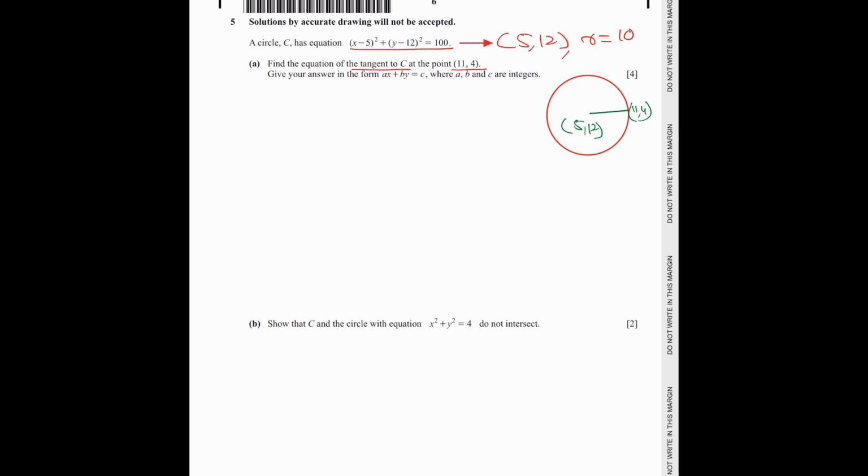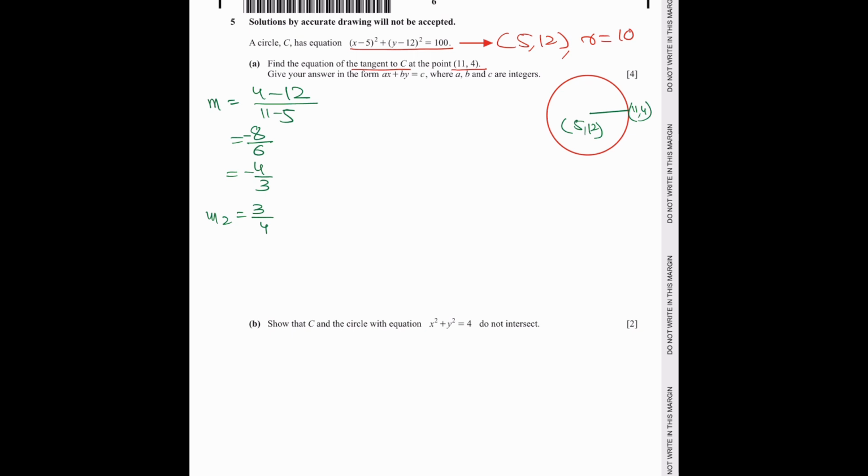So 11 4. Now you have to find out the gradient. So it is 4 minus 12 over 11 minus 5. So minus 8 over 6, minus 4 over 3. So m2 will be the negative reciprocal, it is 3/4.